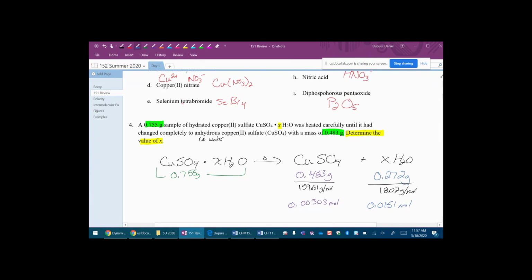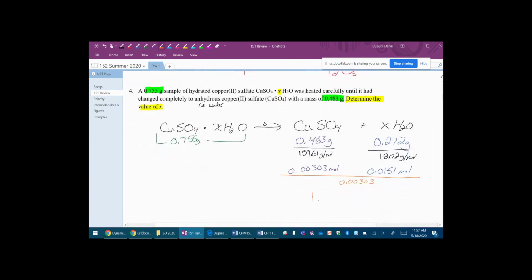Now we divide by the smallest, 0.00303. Looks like I get 1 and 4.98, which is 5.